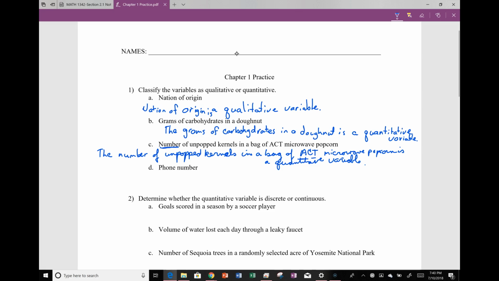Yes, it's a number, but it's actually giving you a category to be in. So phone number is a qualitative variable. Okay.